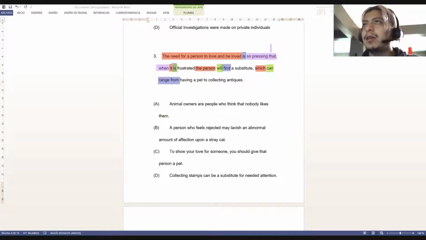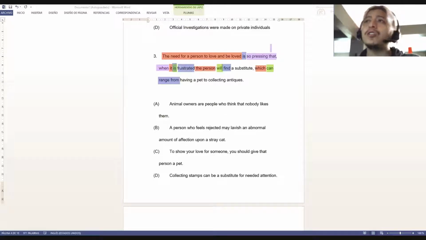In reality, the auxiliary is the verb to be, and the verb is in the past participle. When you have the verb in the past participle and the verb to be before, this is the passive voice. This need to love and be loved is not doing anything. Someone is receiving the action, is receiving the action of being frustrated.